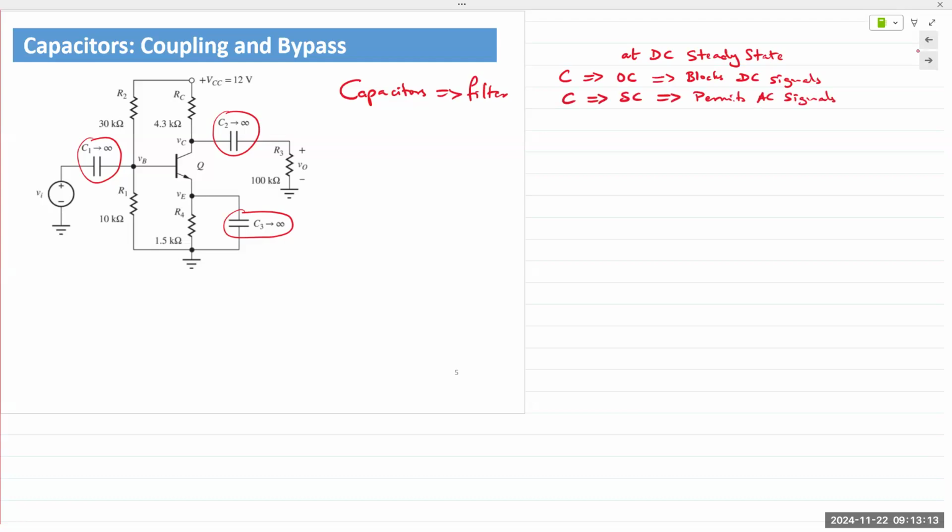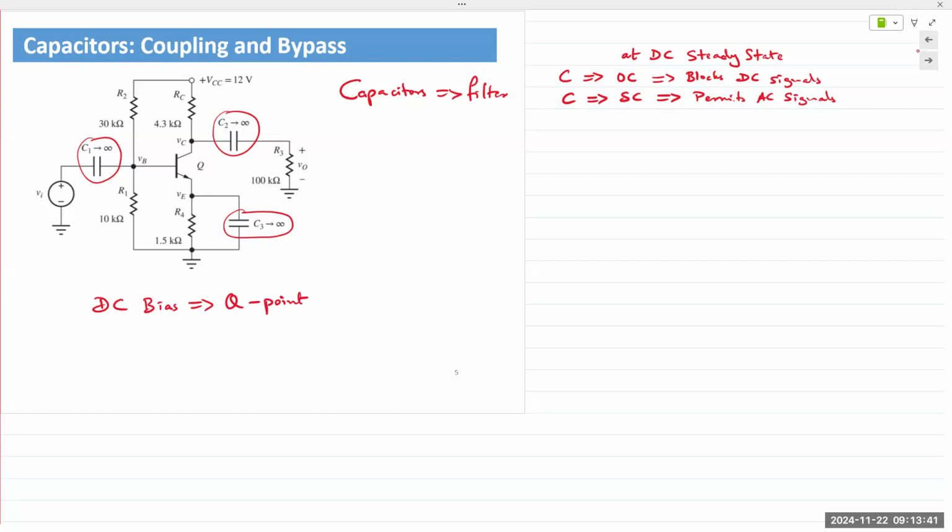So if you look at C1 and C2, C1 is connected to the input, C2 is connected to the output. We apply DC voltages to set up the bias, meaning we set up the Q point, right? DC voltage is to set up the bias to fix the Q point of the BJT.